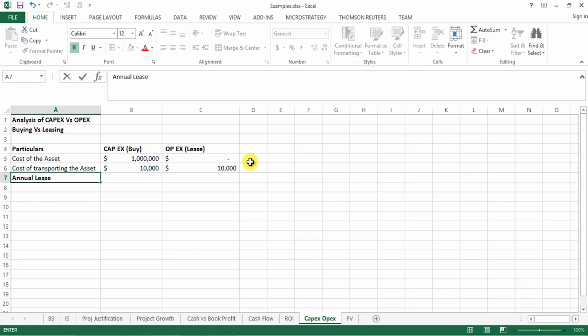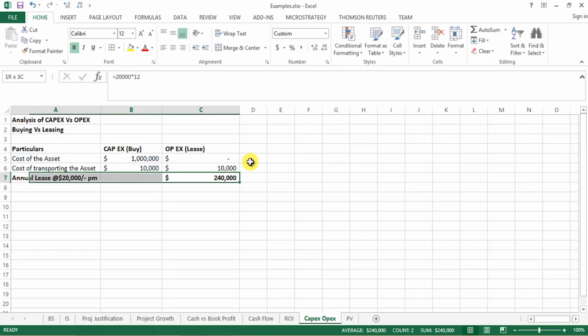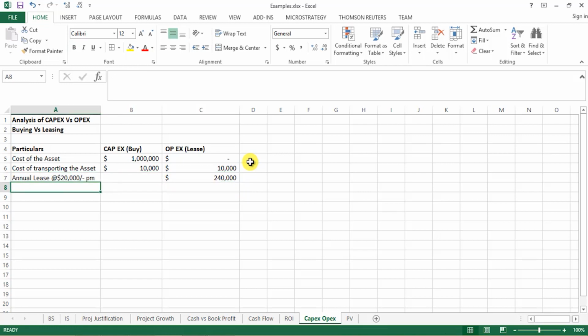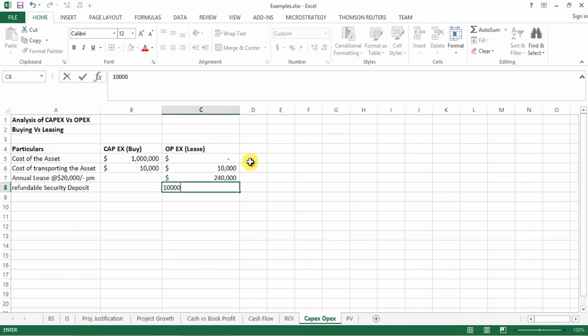Annual lease at the rate of, let's say, $20,000 per month, so $20,000 multiplied by 12, that's going to be $240,000. And let's say a refundable security deposit of around another $100,000.